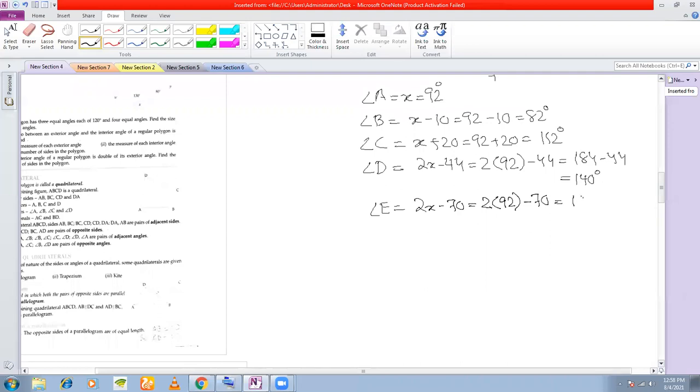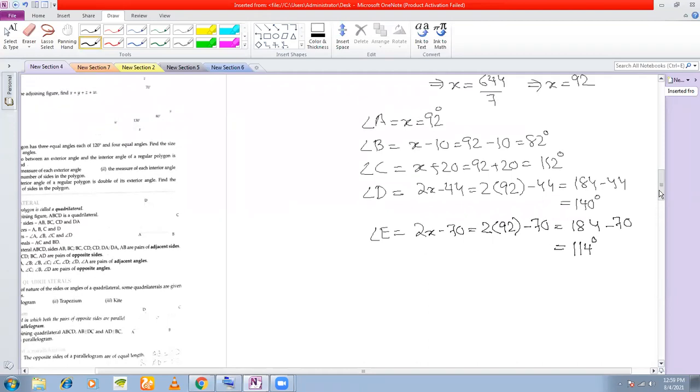So this is 184 minus 70, 114 degree. Clear with everyone?